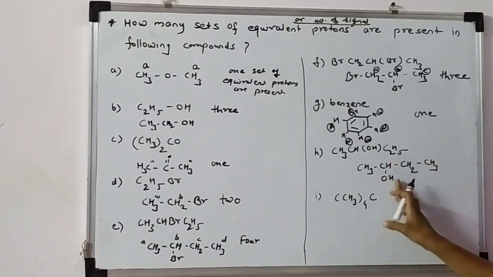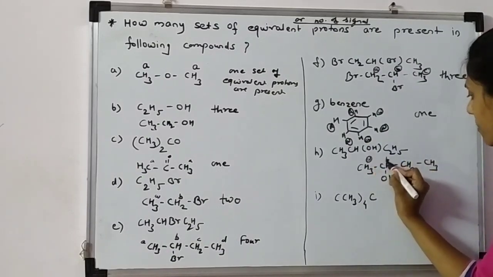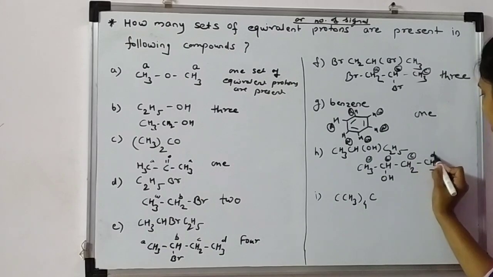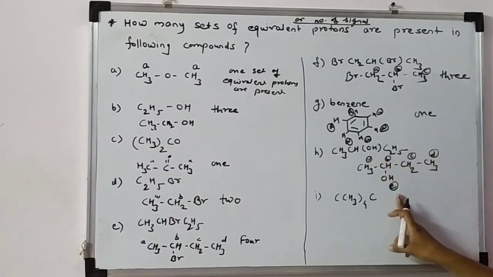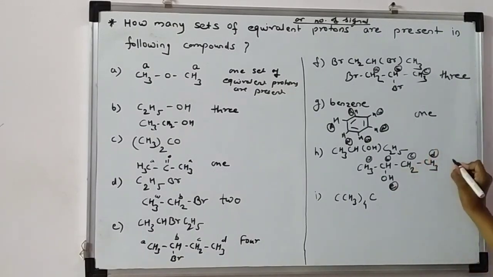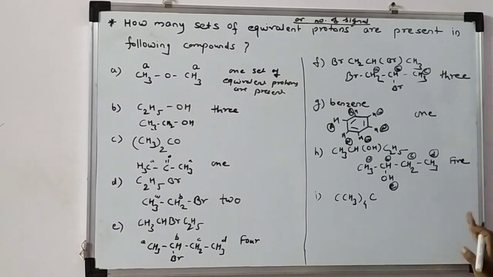Here again there is one hydroxy proton, which is also different. So calculating A, B, C, D and E, how many different sets of equivalent protons are present here? 5. So 5 sets of equivalent protons are present in this example, that is, we have obtained 5 signals.